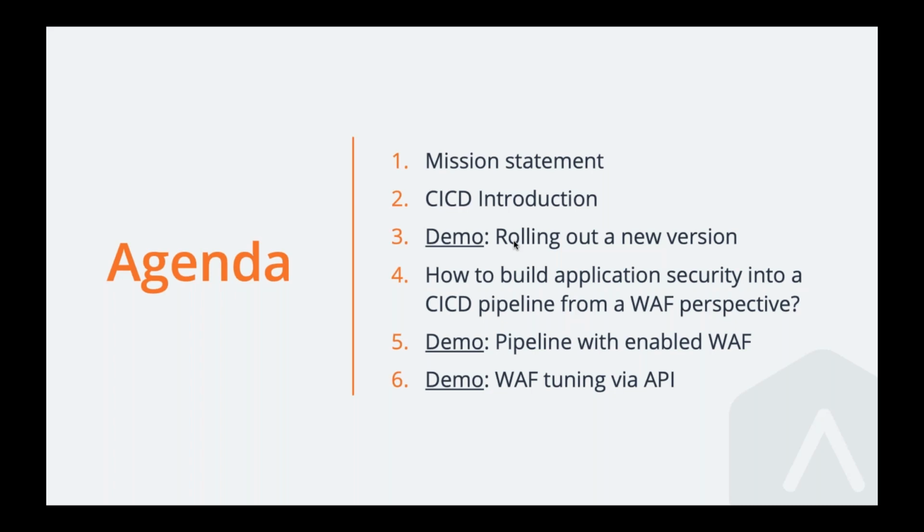While that is going on, I'll start talking about the application security, how to build application security into the pipeline, mostly from a WAF perspective. Then we do a demo with that pipeline and enabled application firewall. And the last demo is, okay, now we have all this enabled, how do we tune actually a WAF policy via the API?